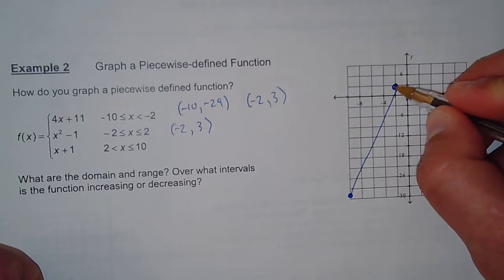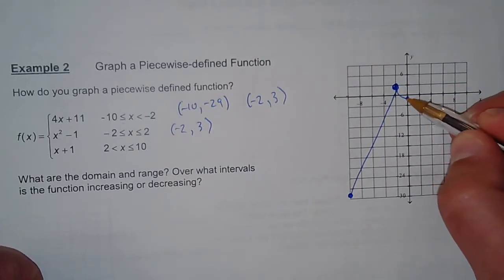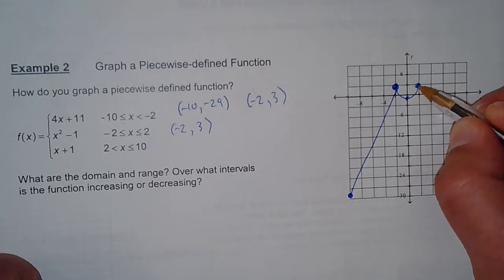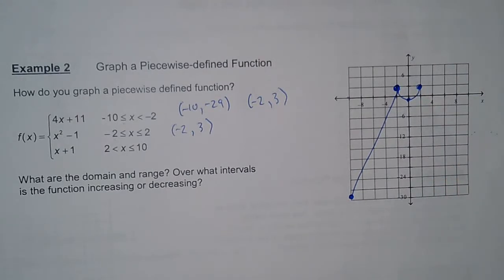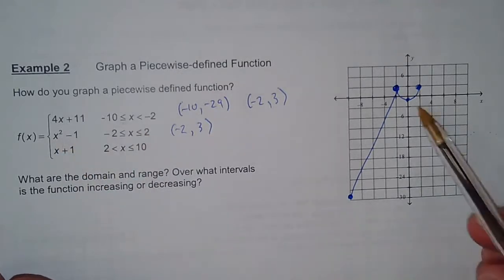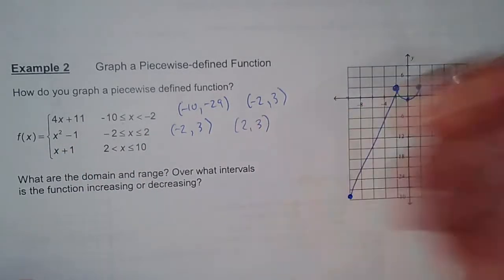So now this spot is going to get filled in, and that's going to make our U shape. We do know that this is the vertex, so we're going to get the same exact point on the other side here. We could plug it in, but we know that's exactly what we're going to get, because whatever it is at -2, you're going to get the same value at 2 because these have symmetry. So 2, 3 is that other point.